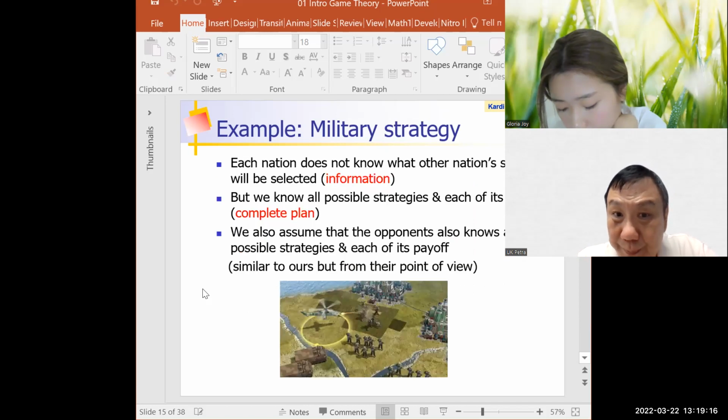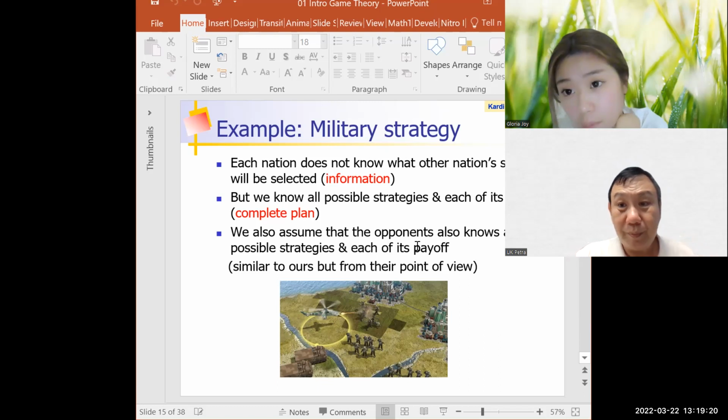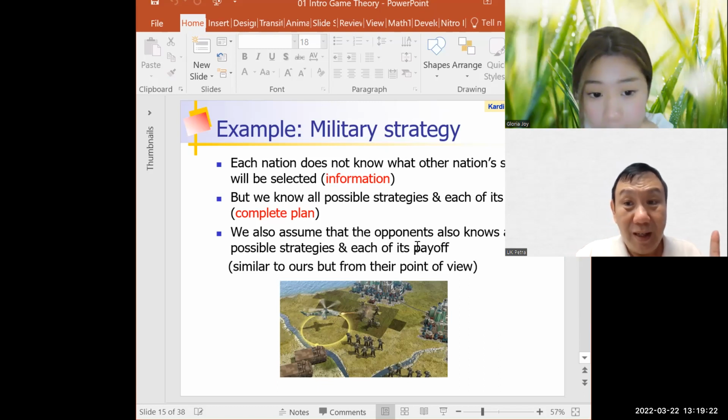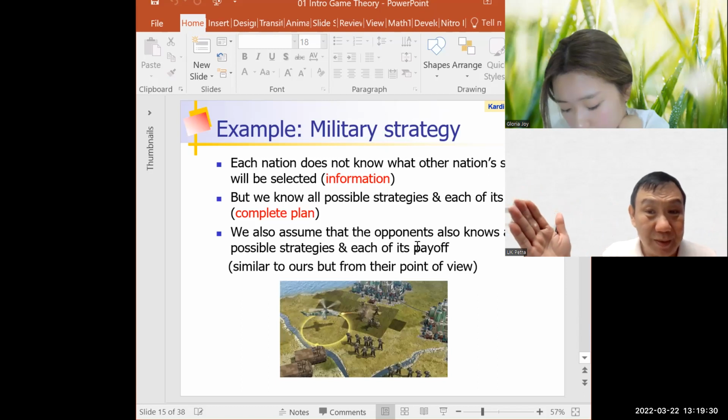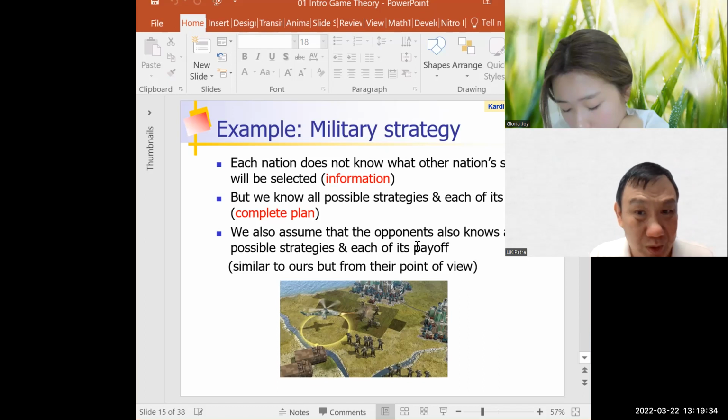Okay, so say each nation does not know what strategy the other nation will select. You don't know, there are several choices, but you don't know which they will choose. But we know all possible strategies and their payoffs.